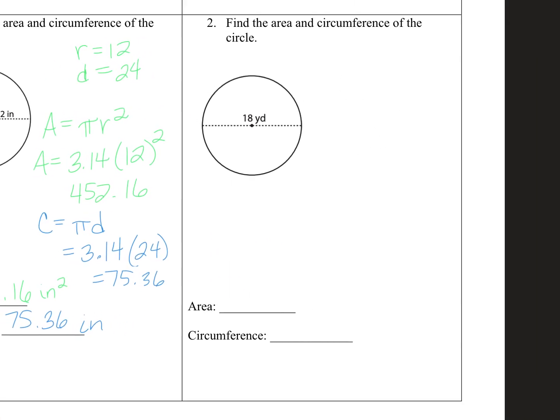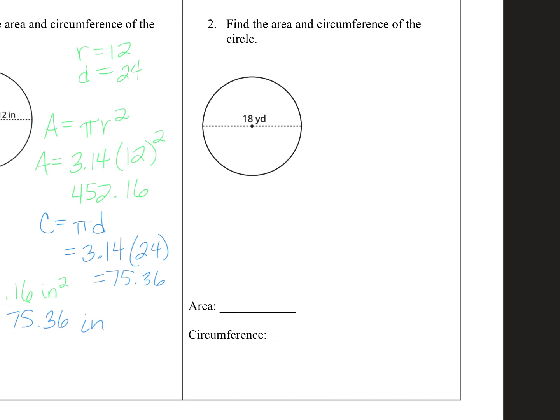Number 2, they give us that 18 yards goes all the way across. All the way across, remember, is the diameter. The diameter is 18, so the radius is half of that, which is 9. And I don't know why my pen is changing thicknesses. It's a little weird. So to find the area, area equals pi times radius squared.